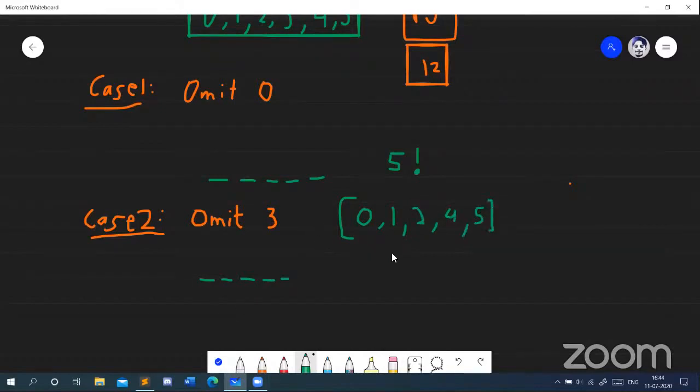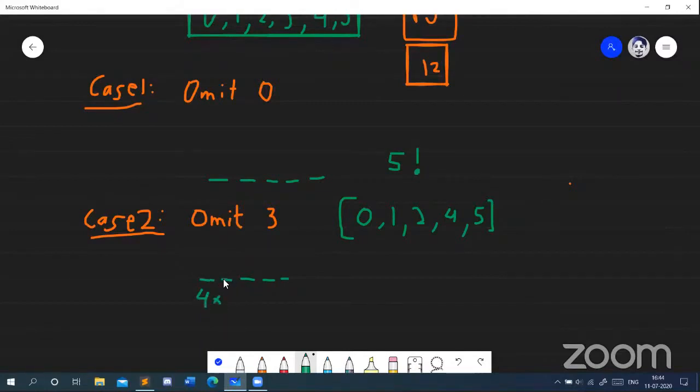Now I need to arrange these numbers in a line, but notice that 0 cannot be over here because if I fill 0 in the first blank, then my number will no longer remain a 5-digit number, right?